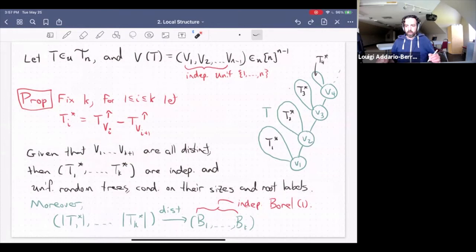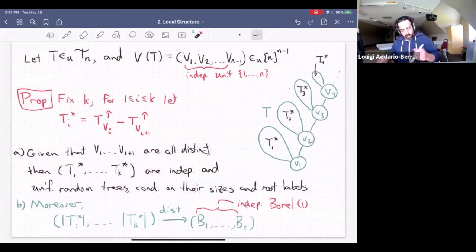So if you like, there's two statements here. Part A is in brown, and it says that under these two bits of conditioning, these trees are independent uniformly random trees. Okay. And the second doesn't require any conditioning.